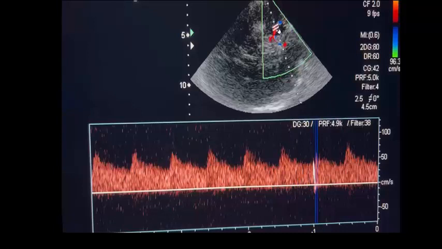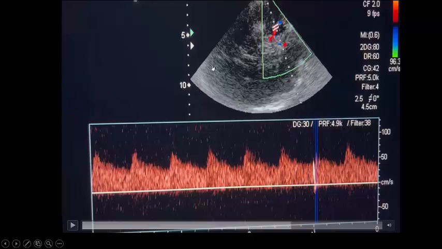This agitated saline, supposedly, will not reach the left side, so I will not see any air bubble in the right middle cerebral artery. If I see any air bubble in the right middle cerebral artery, that means there is a right to left shunt. Okay, this is the normal flow of the middle cerebral artery.